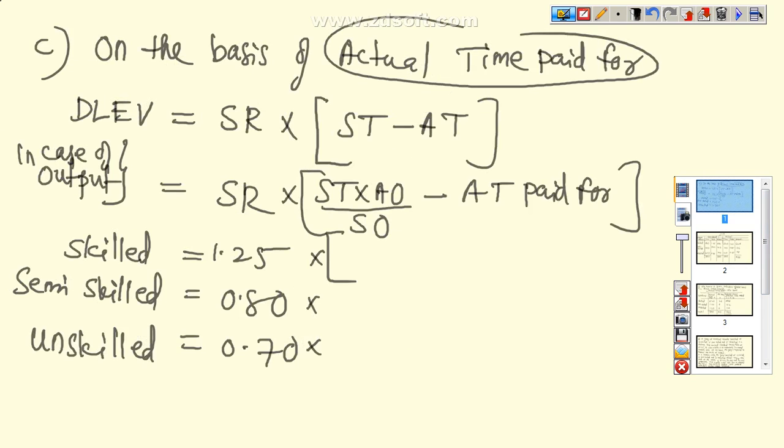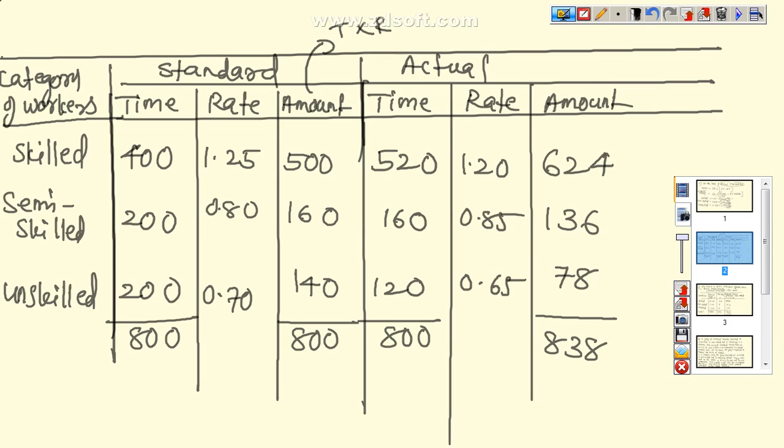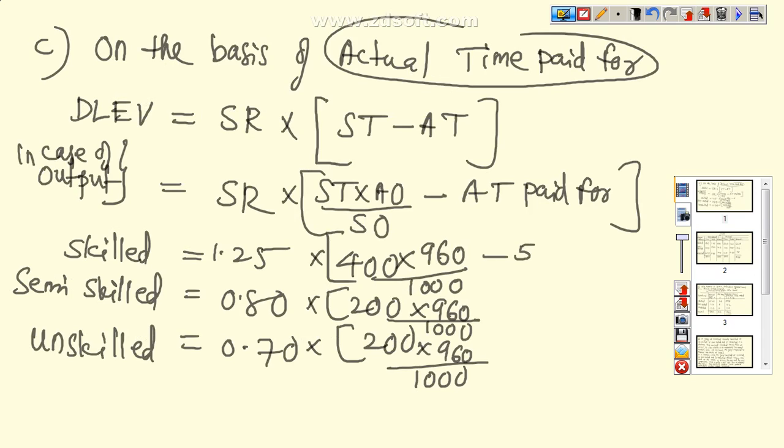That is 400, 200 and 200. So we write 400, 200, 200 into actual output 960 upon 1000, minus actual time paid for, that is 520, 160 and 120.